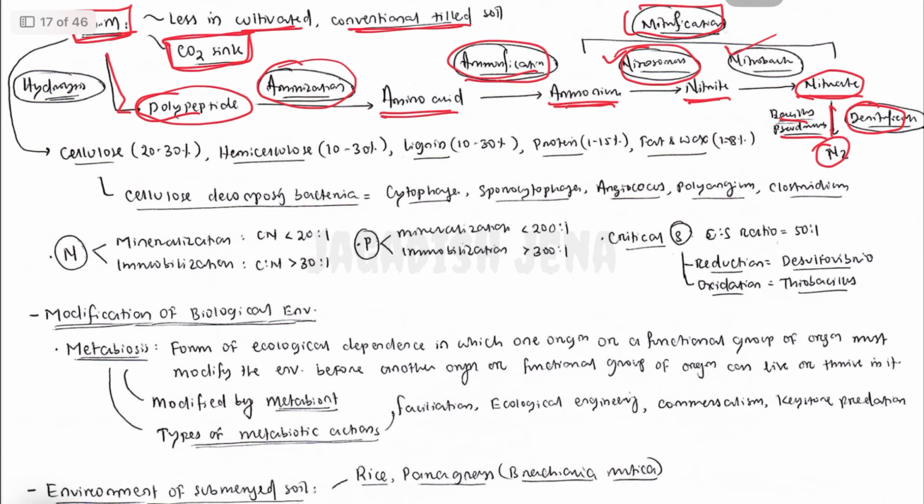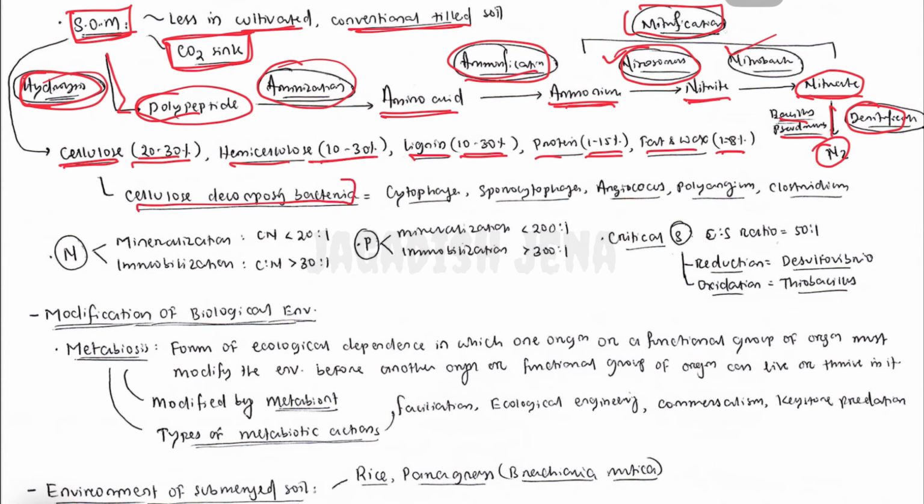Then what are the constituents of soil organic matter? Soil organic matter simplifies through hydrolysis. It is mainly composed of cellulose: 20 to 30% cellulose, hemicellulose 10 to 30%, lignin also 10 to 30%, protein around 1 to 15%, and fat and wax around 1 to 8%.